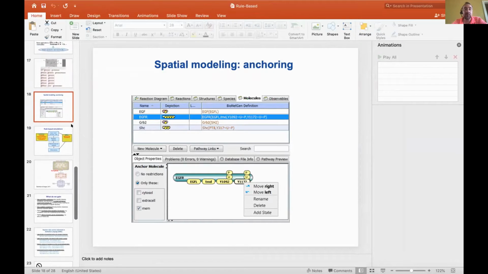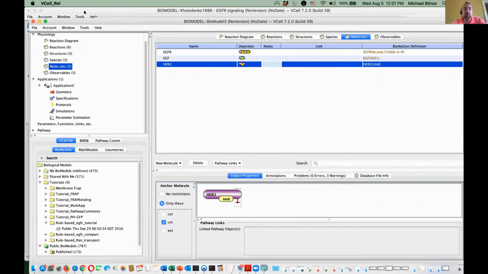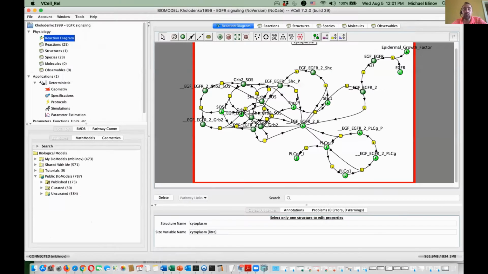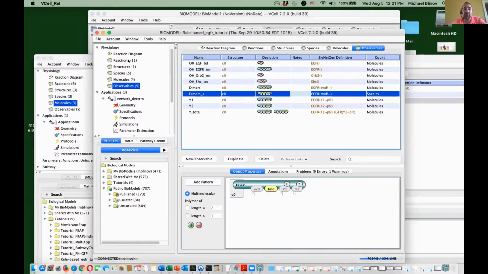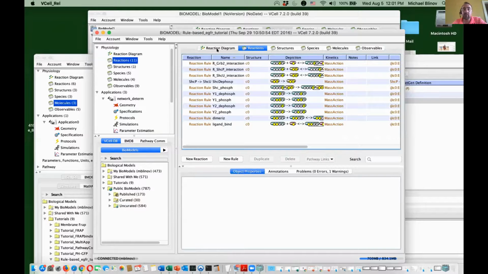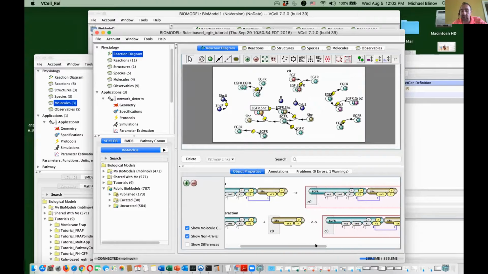And then we have a visualization that will let you select one of the complexes and see all the different interactions this complex participates in.